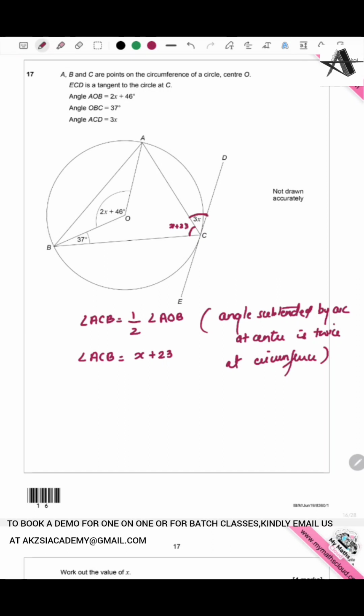And this whole angle is 3x because of the alternate segment theorem. So I can say angle ACD is equal to angle CBA is equal to 3x.